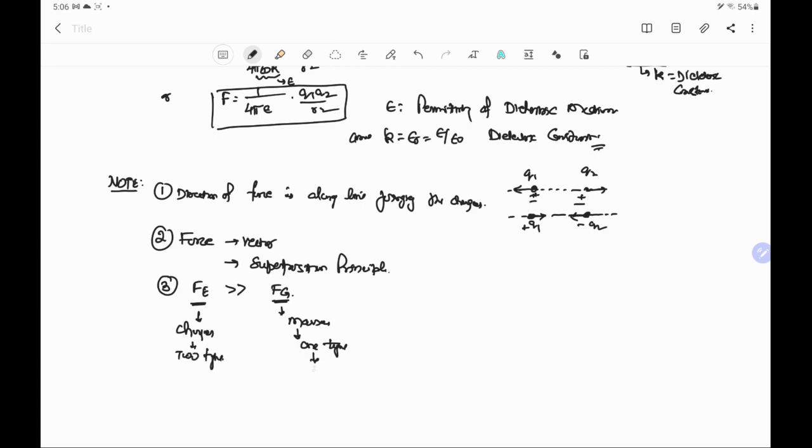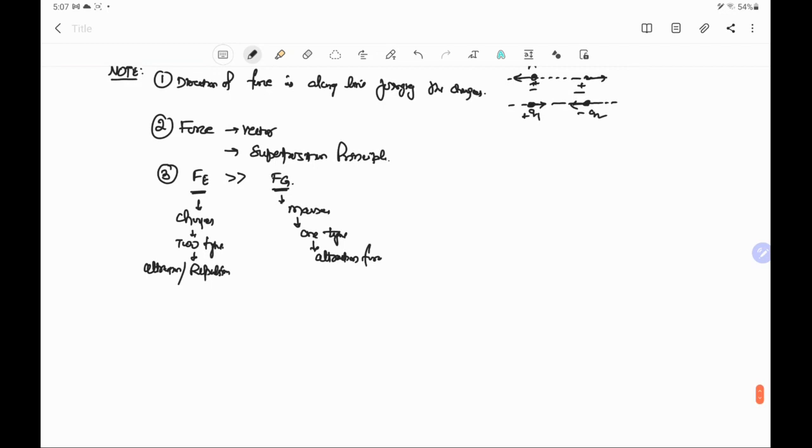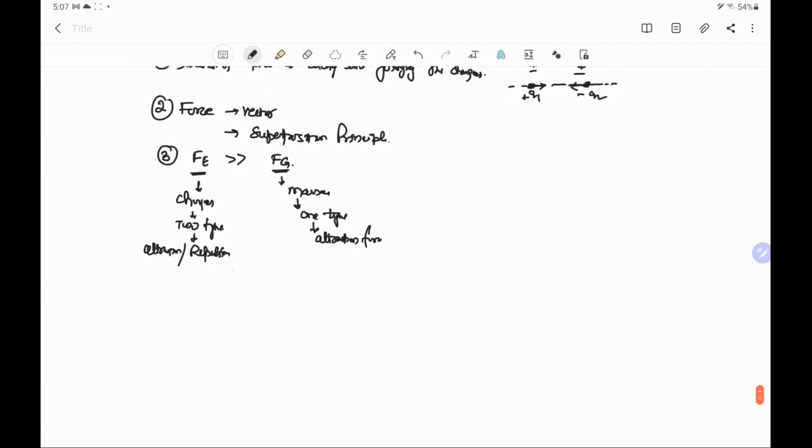Due to one type of mass, there is only one type of force, that is only attraction. Because of the two types of charges, electrical forces are of two types, attraction or repulsion. The ratio of electrical force to gravitational force is approximately 10 to the power 35 to 39.